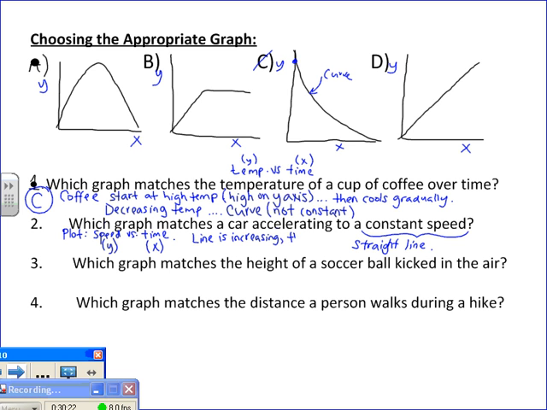Then when the car is traveling at a constant speed, in other words, its speed is not changing, so then no change in speed, I would expect to have a horizontal line.